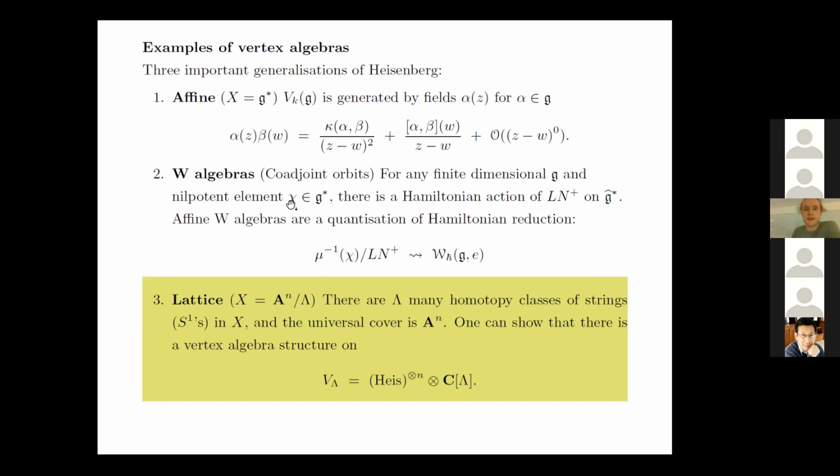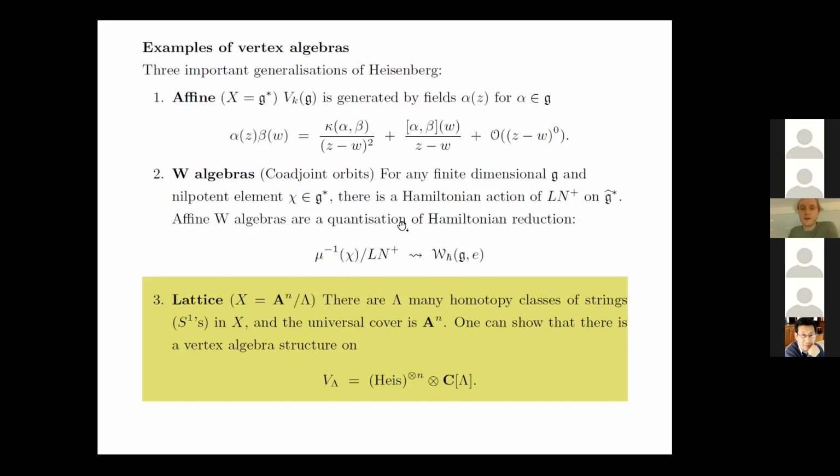Okay, it's Killing dual to a nilpotent element, and then you take the action of the loop space Ln plus on the dual of the associated affine Lie algebra.